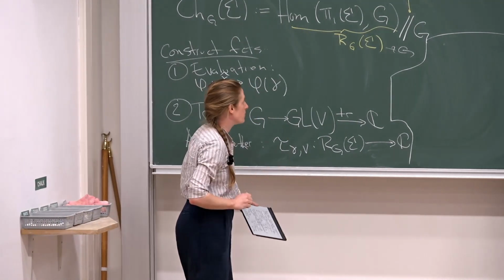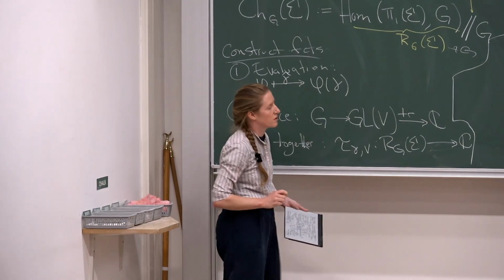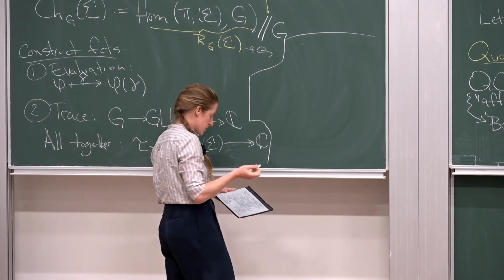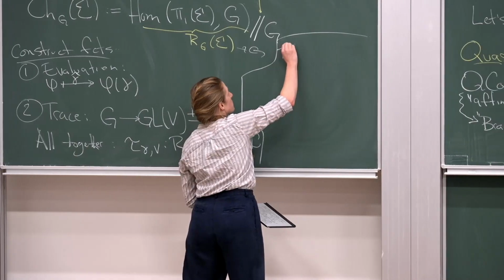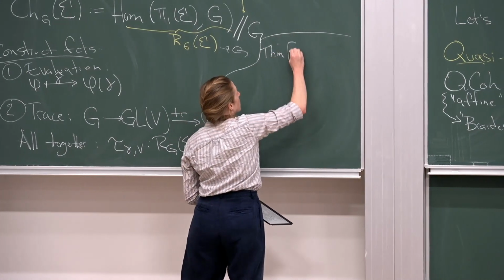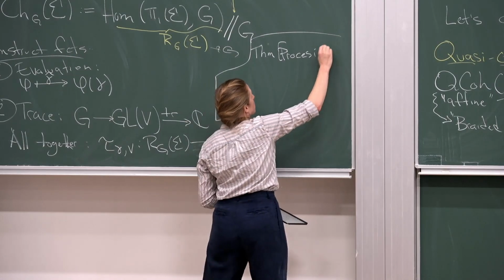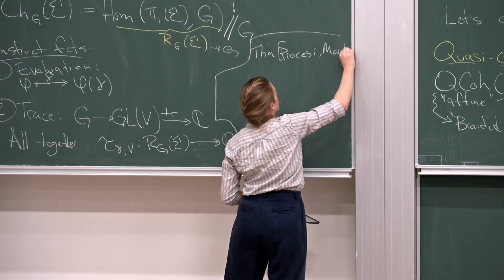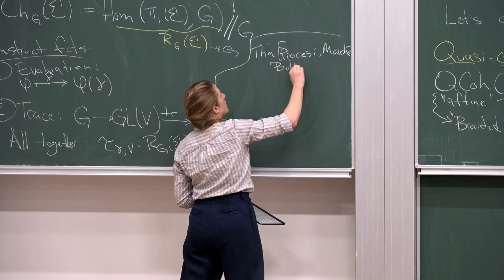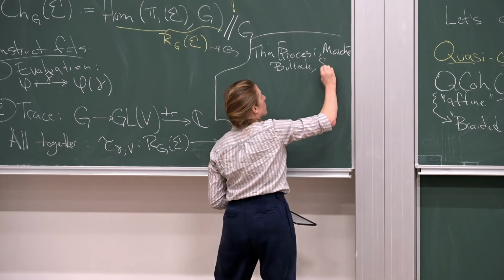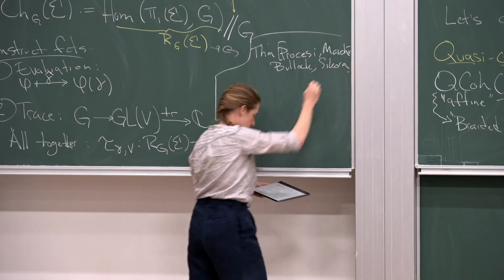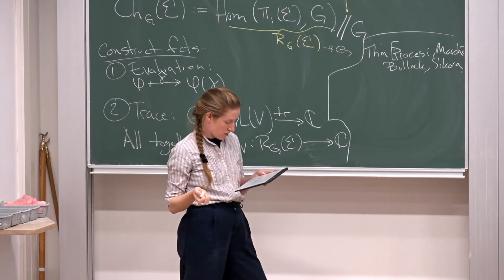Okay, so we have this story, which is familiar to many of us, and what I would call maybe a multi-theorem due to many people's work. I'll mention Procesi, Marché worked on this, Bullock has worked on it a lot, Sikora has very nice work in writing on it. Is that everyone?